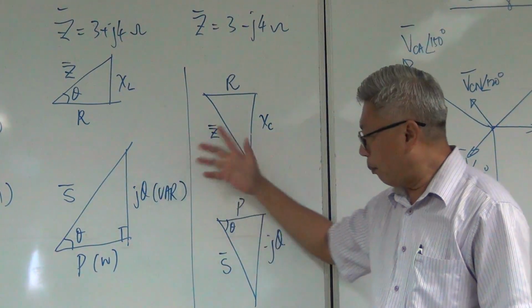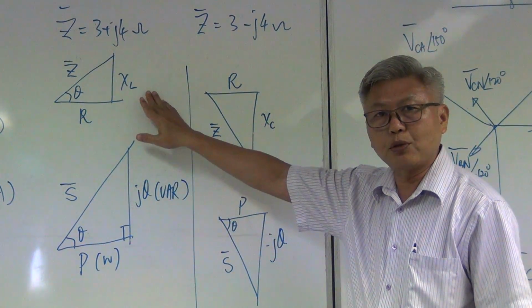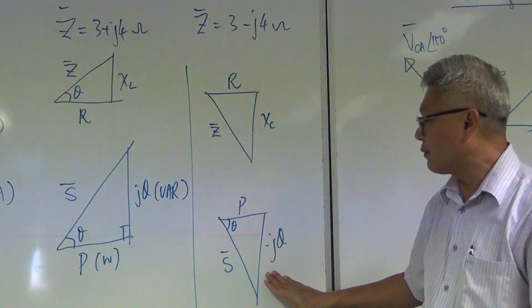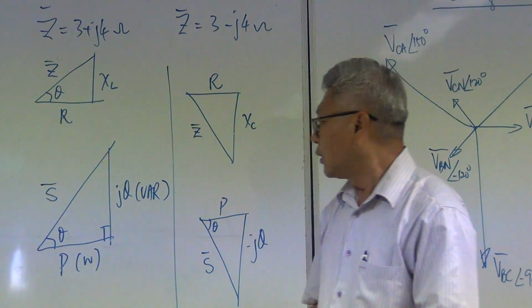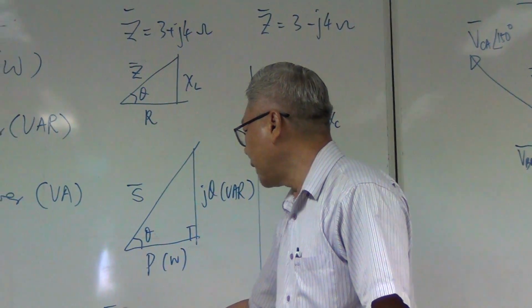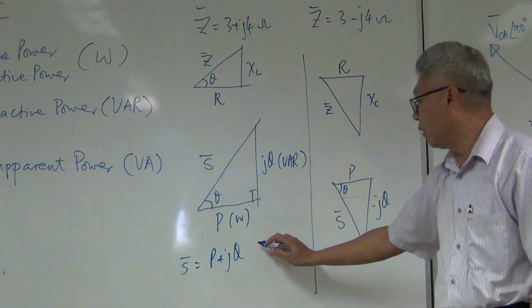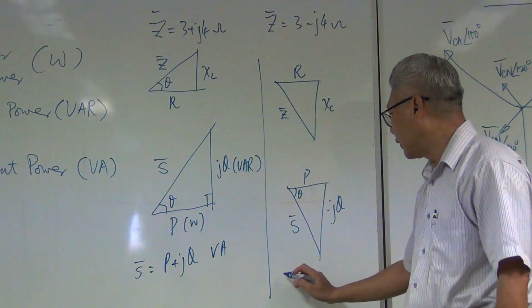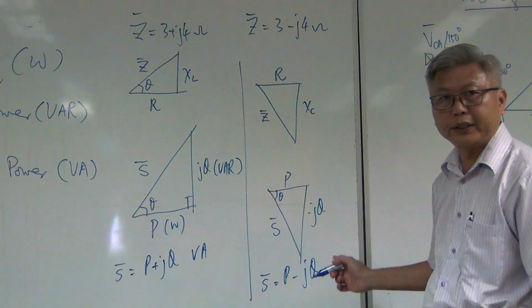It points up or points down. If it's an inductive circuit, the power triangle follows the impedance triangle and points up. If it's a capacitive circuit, the power triangle points down. So the complex power for an inductive circuit is P plus JQ, in volt ampere, whereas for the capacitive circuit it is P minus JQ, because it's pointing down.